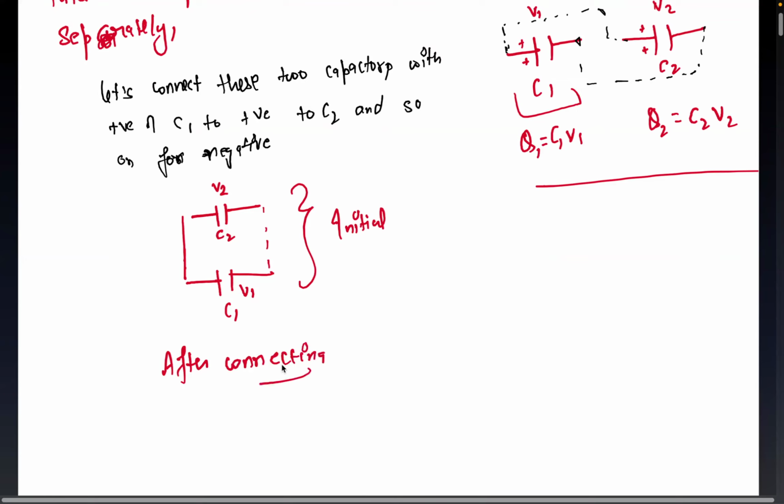Isn't it acting as a simple connection? Isn't it looking like you have two batteries, V2 and V1? So there will be some charge flow, because of the difference in potential.